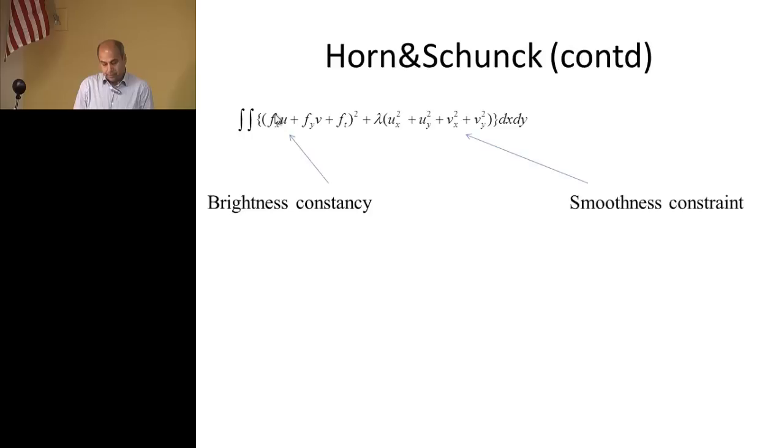The other thing we want to do is put in a second constraint. We want the optical flow which we compute to be smooth.